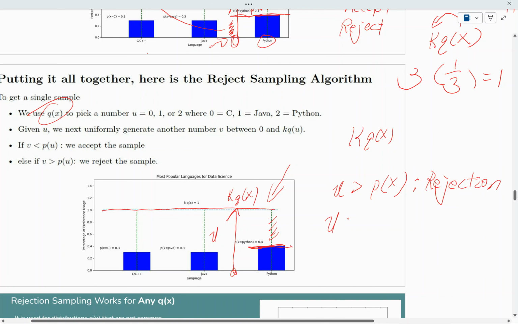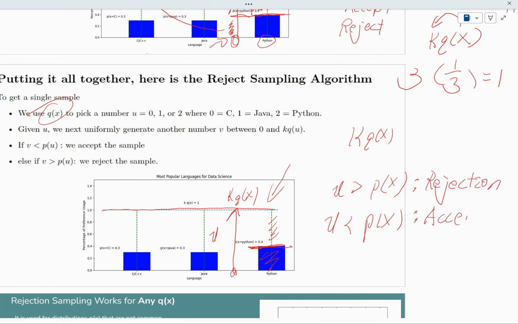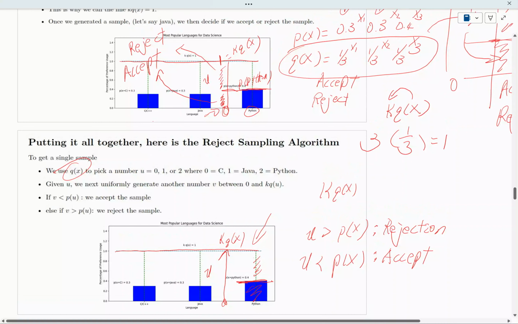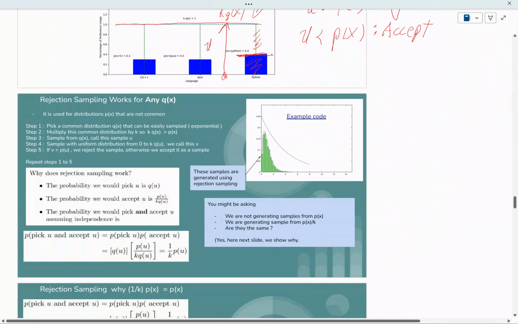But if U is less than P of X, then you fall into this point, you accept. And that's essentially the idea of rejection sampling. Now, we use categorical. It's a very easy distribution and it's discrete, but you don't have to stick with discrete. This could be a continuous distribution.